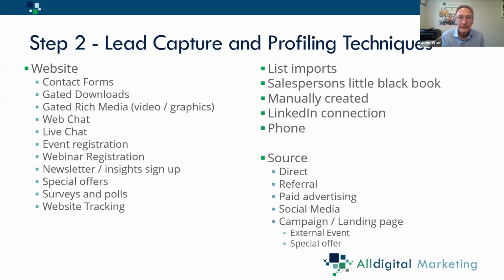If it's come off a LinkedIn connection, how are you bringing that information through into the system? Are you using an integration? By the way, the system we use has that automated. And did it come through a phone call? If it came through a phone call to your business, how do you capture that information and how do you know where they picked the source up? So, as well as capturing the direct engagement, what you also need to do is capture the source of that engagement.